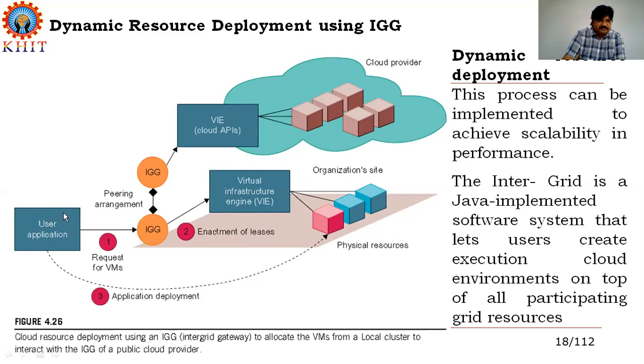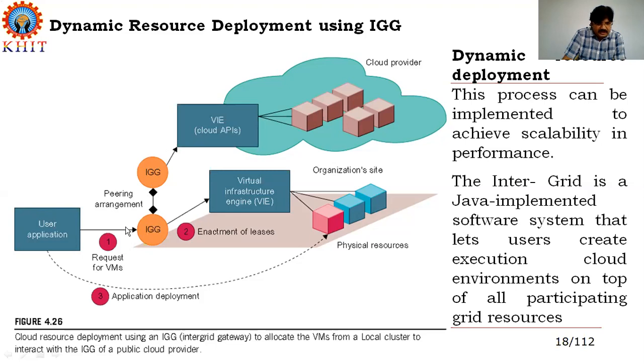Another option is if the end user wants to host his developed application in the cloud. He has to interact with the cloud virtual interface engine. Through that, the cloud resources can be deployed using IGG. IGG stands for intergrid gateway.